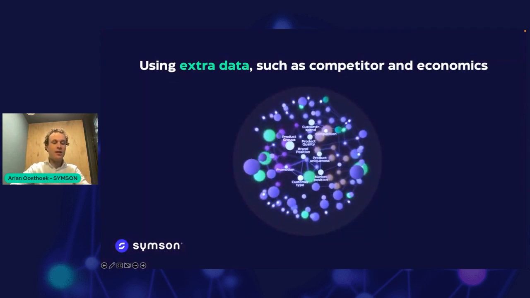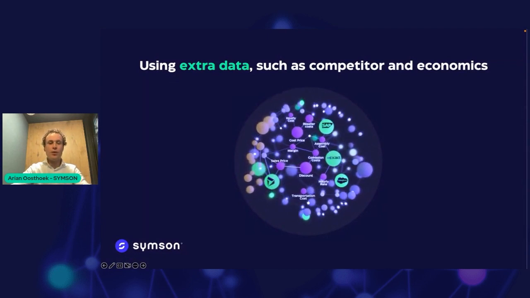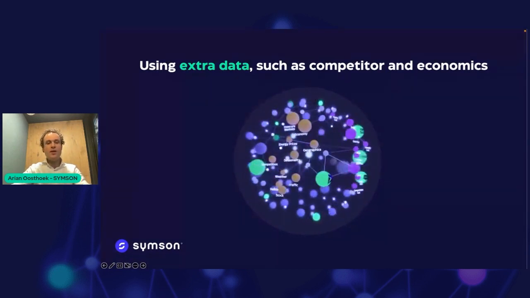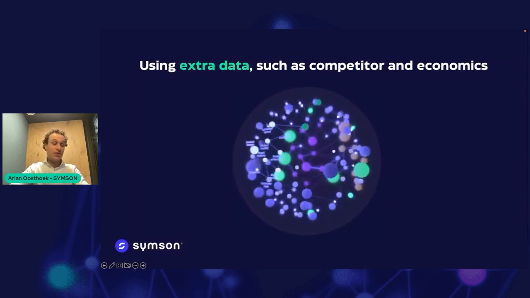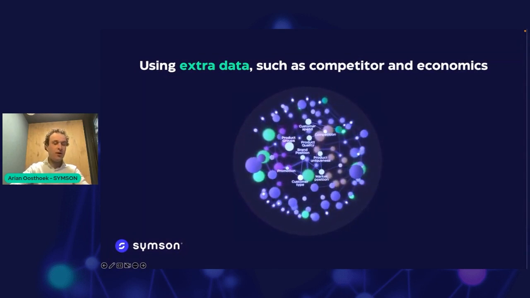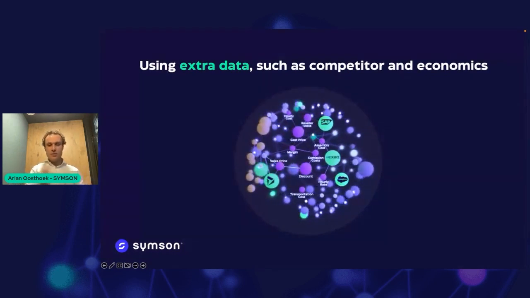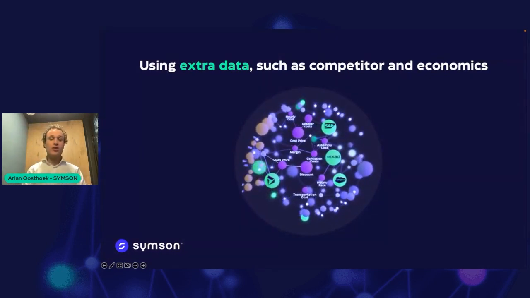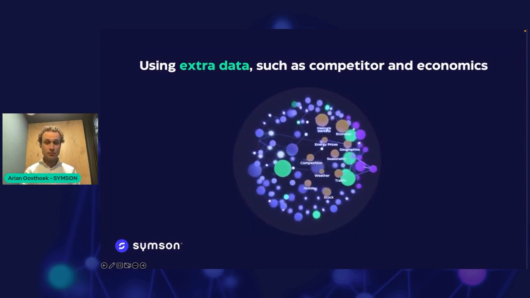We have not only internal data such as margins, discounts, and all the product groups, but we can also add external data such as competitor prices, even stock values of your competitors. So we can add a lot of data points which influence your pricing process.